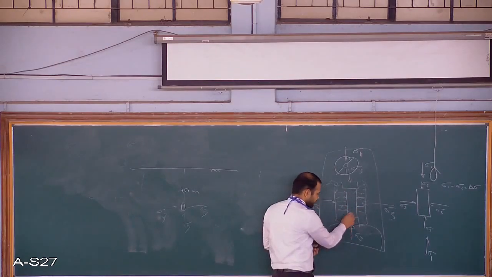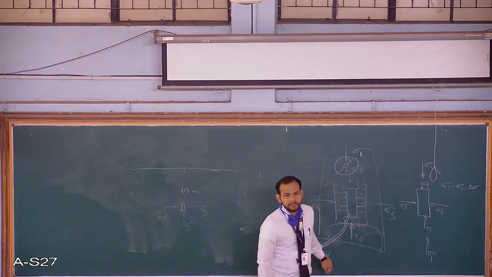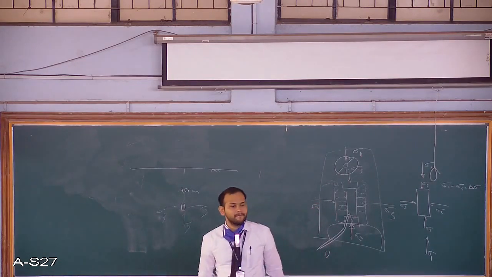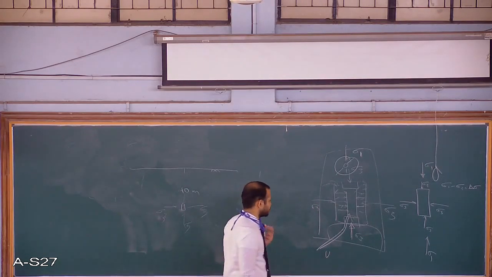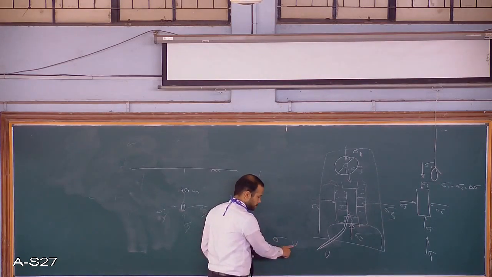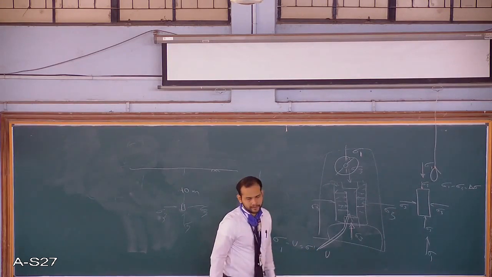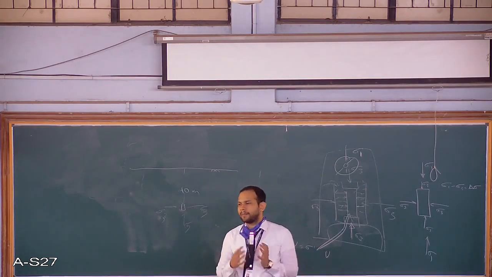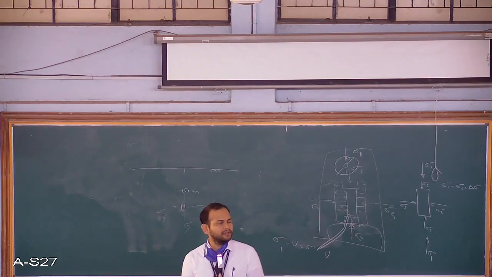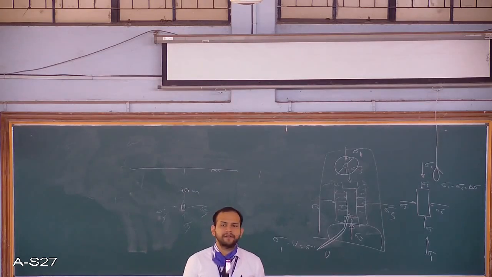So you make some arrangement here, and this can measure U, the pore water pressure. Once you can measure that U here, so you have sigma total, U pore, you can find out effective. So whenever you can measure pore water pressure, only in that case you can find out effective stress parameter.